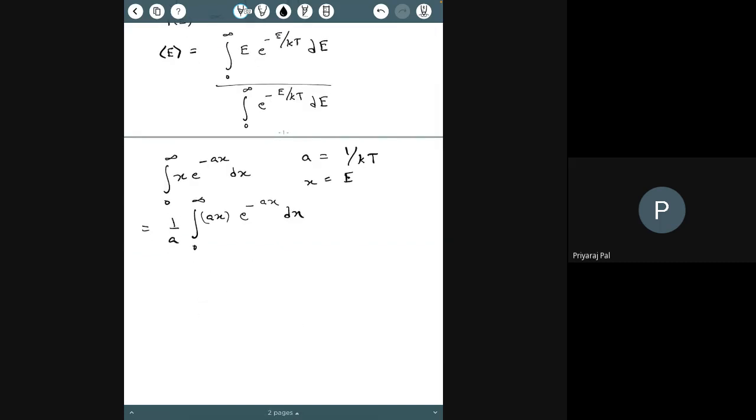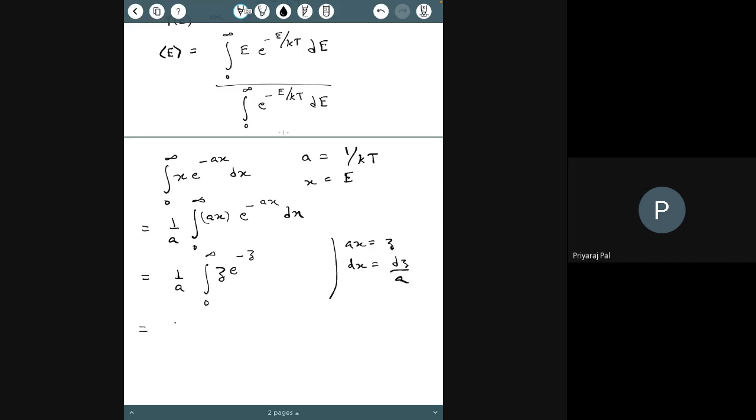So what does this look like? This looks like 1 by a, integration 0 to infinity z e to the power minus z, if ax is equal to z, then dx is equal to dz by a.